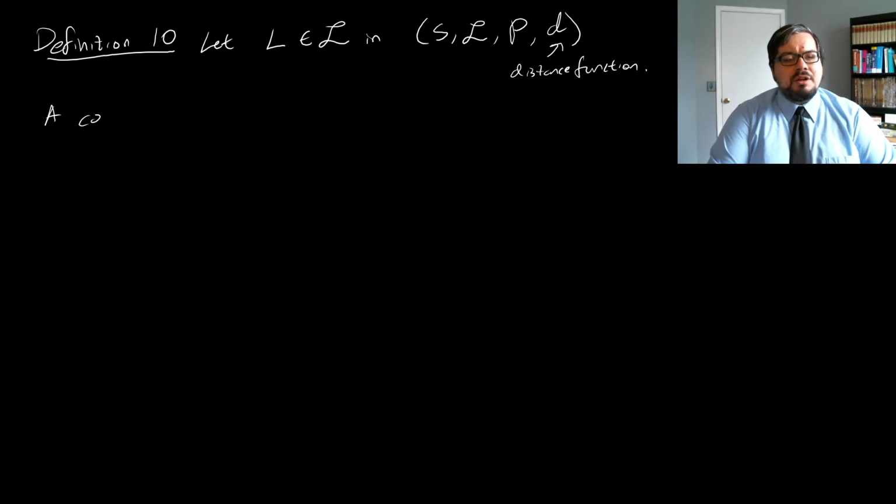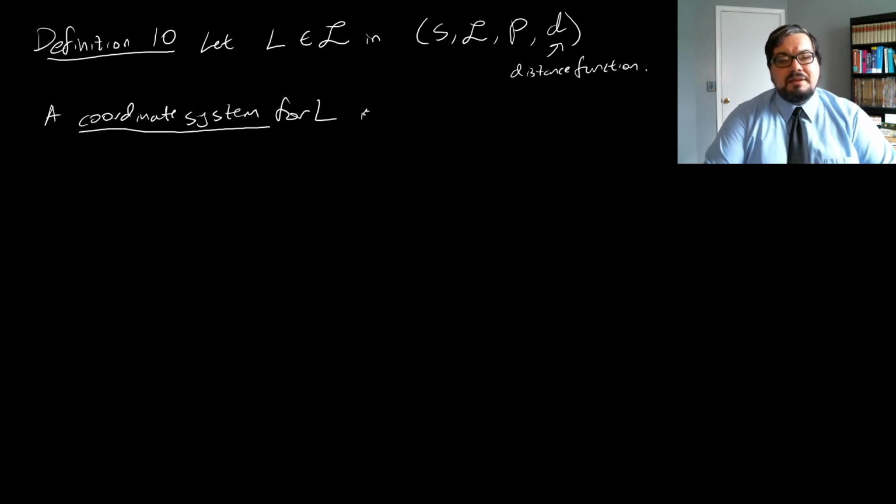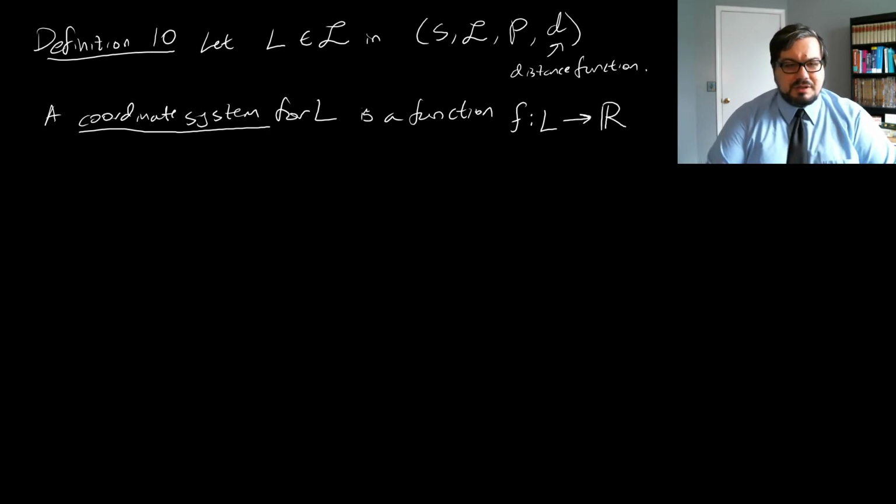A coordinate system for L is a function f that goes from L to R, the real numbers, satisfying 2 conditions.